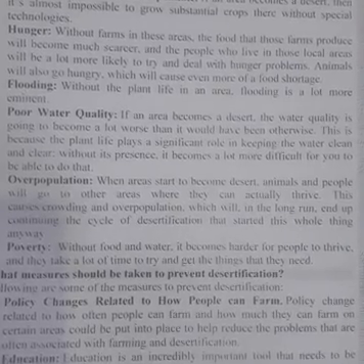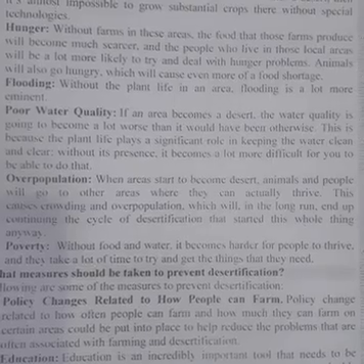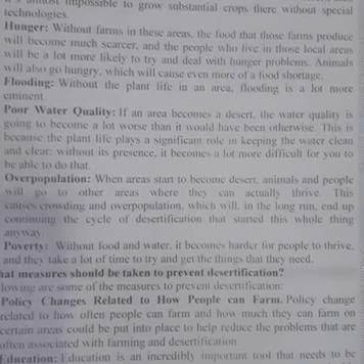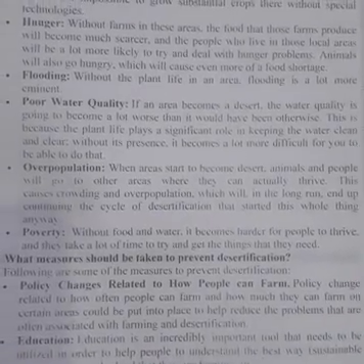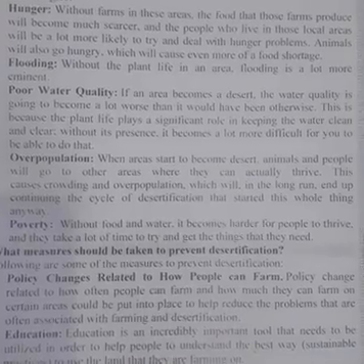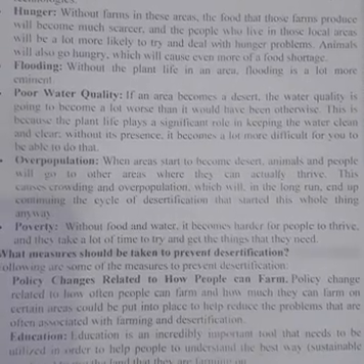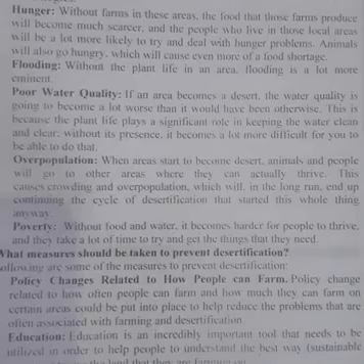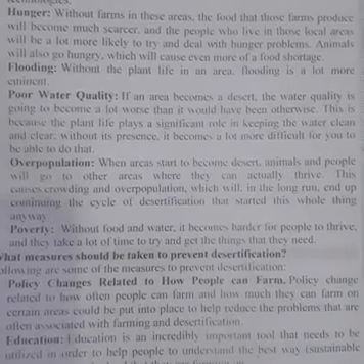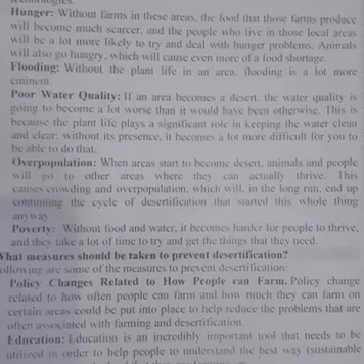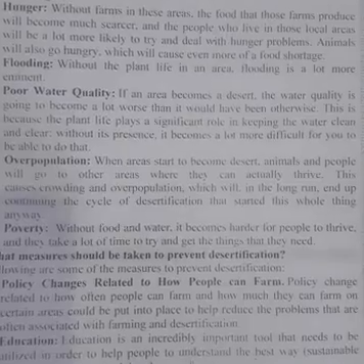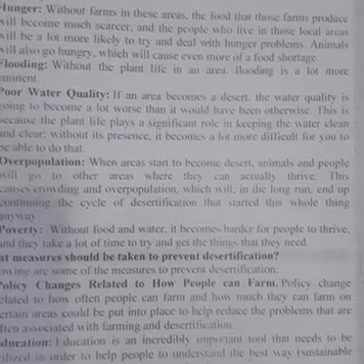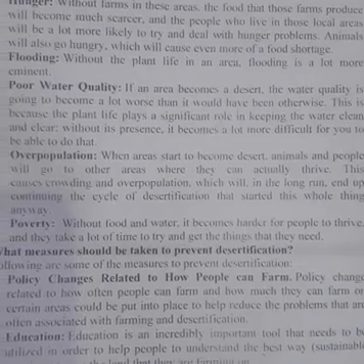Without its presence, it becomes a lot more difficult to do that. Overpopulation. When an area starts to become desert, the animals and plants will go to other areas where they can actually thrive. This causes crowding and overpopulation, which will in the long run end up continuing the cycle of desertification that started the whole thing.